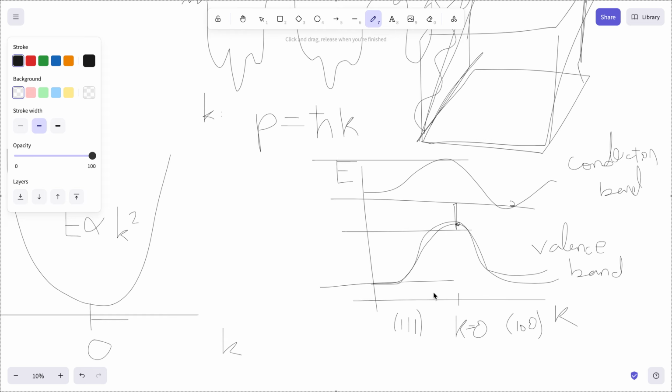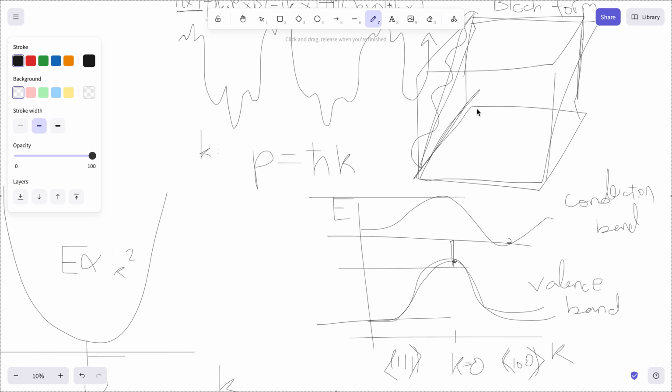I should also describe what's going on with this x-axis. You'll notice that the x-axis here, I should make these arrows instead of parentheses because they represent orientations. K equals 0 is here. When we move in this direction of the plot, we're going in the 1, 0, 0 direction, which is this way.